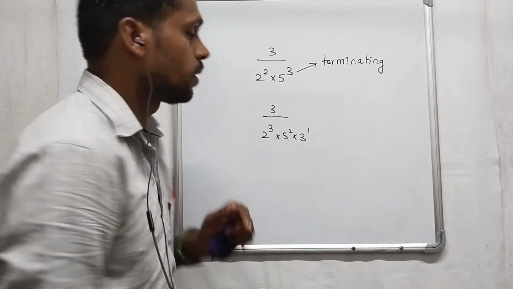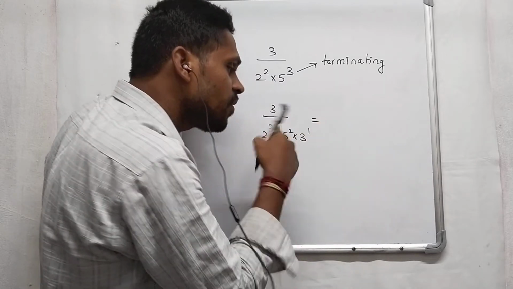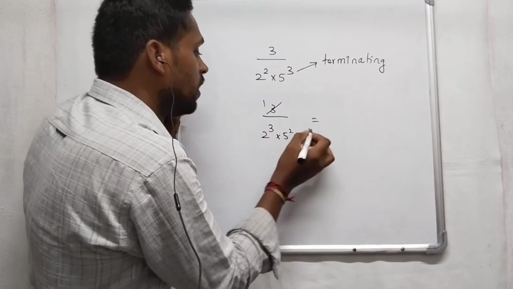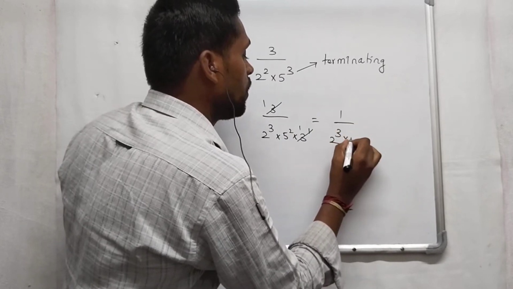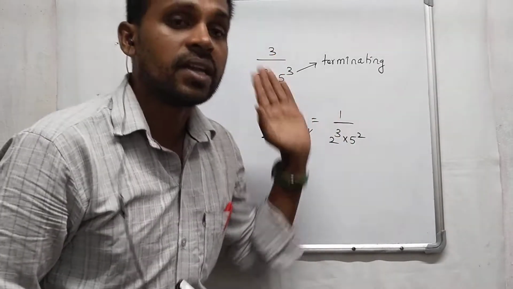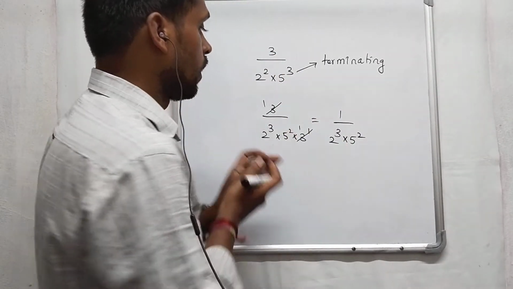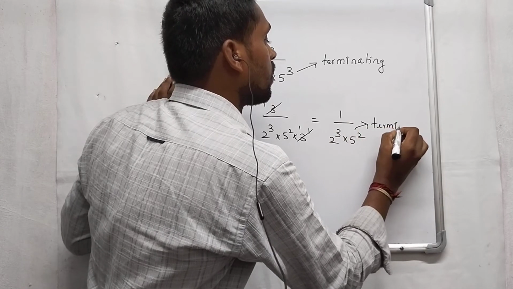So what do we call this? Here some calculation will be needed. In this type of question, the numerator and the denominator get cancelled. After simplification, we decide whether it is terminating or non-terminating. Now what do we call this? Terminating.